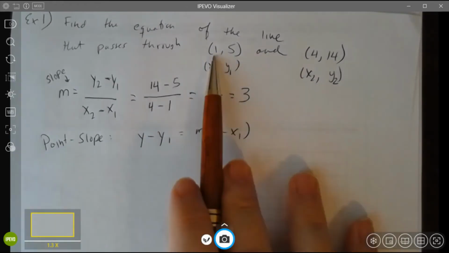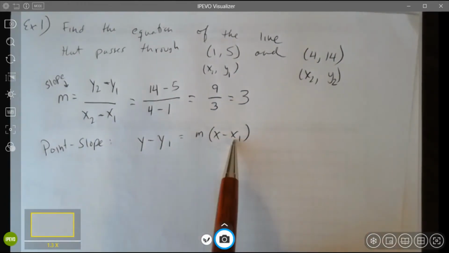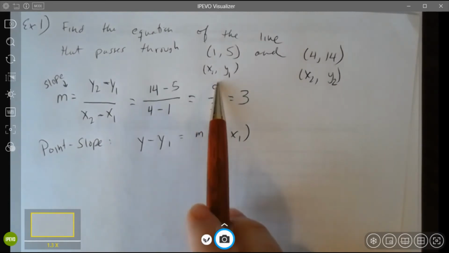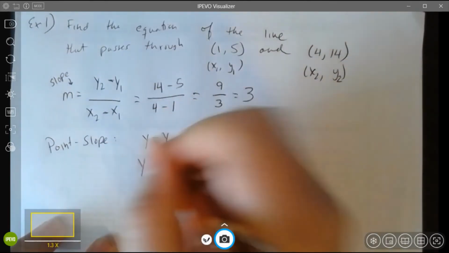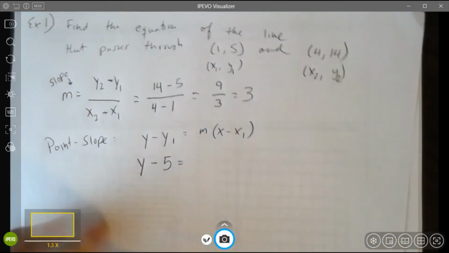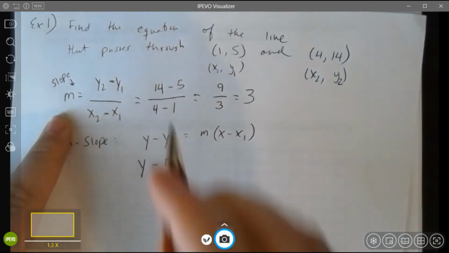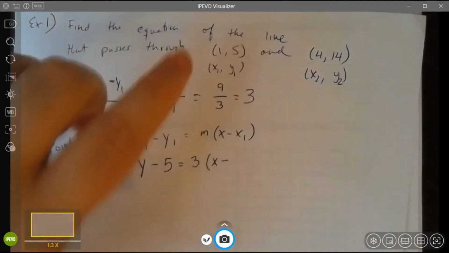We could use the (1, 5) or the (4, 14). But since it says y1, x1, let's use the point that's labeled x1 and y1. So we'll say y minus y1 is 5 equals m. We just found m up here. It's 3 times x minus x1 is 1.